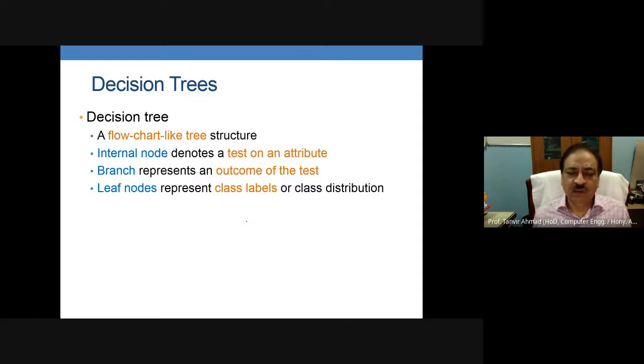And the leaf node which will come will have one of the class labels. If I have only two class labels, it could be only 2 of them, or it could be any number. But the leaf nodes in the decision tree should have all the class labels which you are trying to classify.